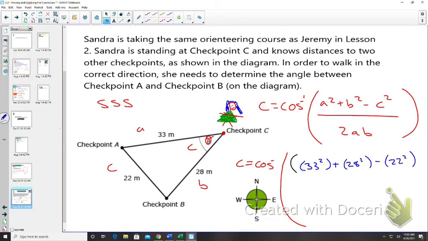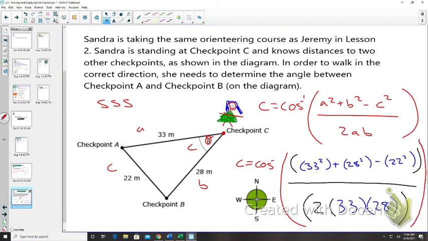Why do you have to bracket each number? Because I just don't want that exponent going somewhere else where it shouldn't be. So after you have a squared plus b squared minus c squared, close off your top brackets, and then divide, and then you're going to do another bracket for your denominator. So then you have 2 times a times b, which is 28. Close off your bottom bracket, and then lastly, you need to close off the whole thing.